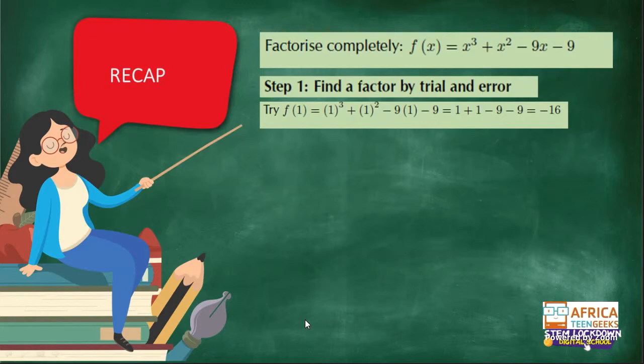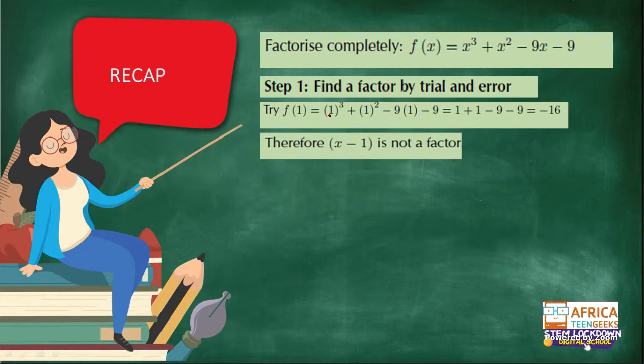So that simply means that positive 1 is not a root of this function, and then you'll have to try a different value. Usually if you tried 1, you'll try negative 1.